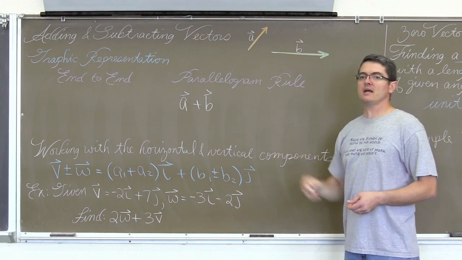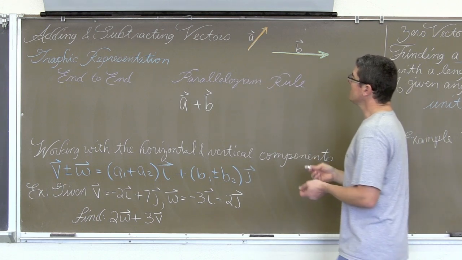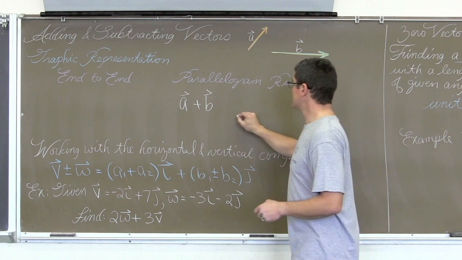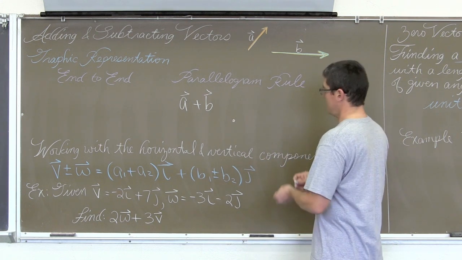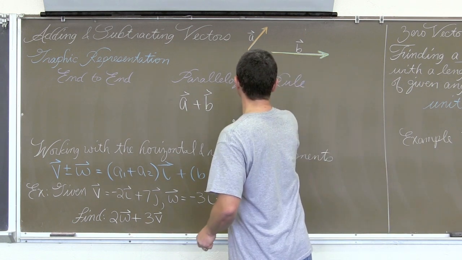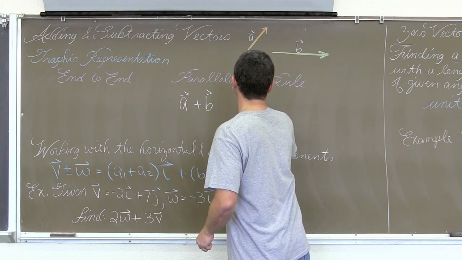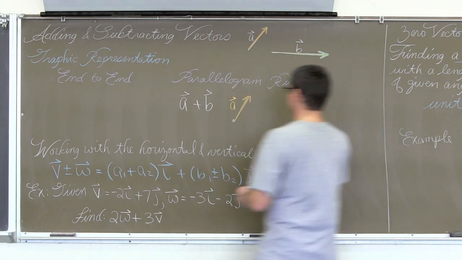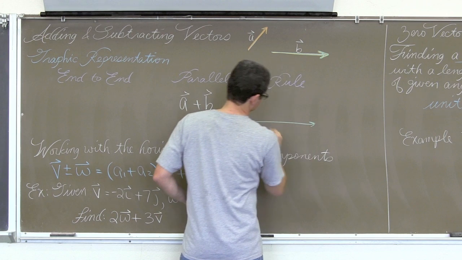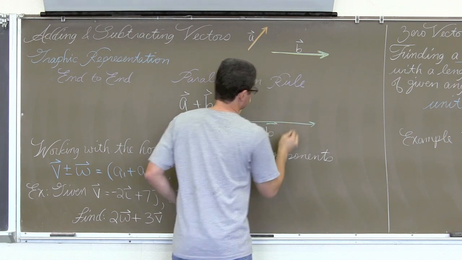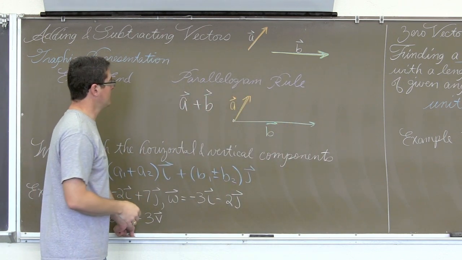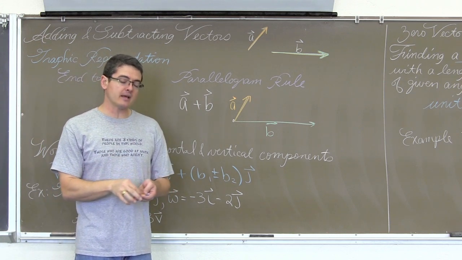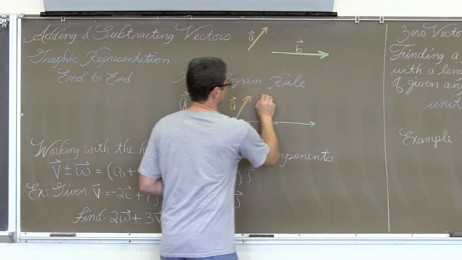If I'm doing the parallelogram rule, that means I'm going to start both vectors at the same initial point. So there's a point. Here is, as best I can estimate it, vector A. Here is vector B. And the resultant is going to be drawn through the parallelogram that I can make with those 2 sides.